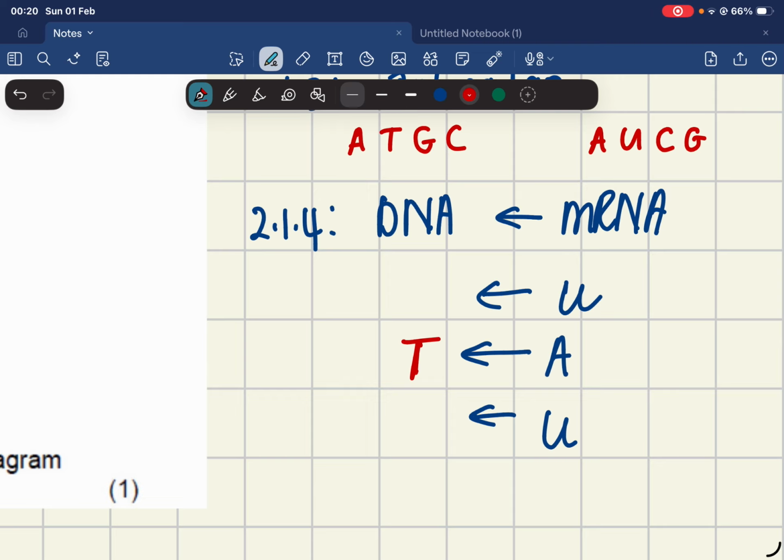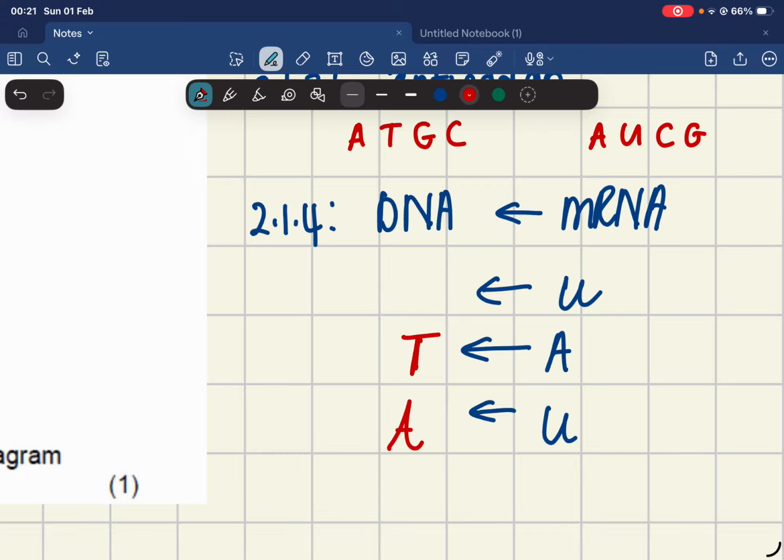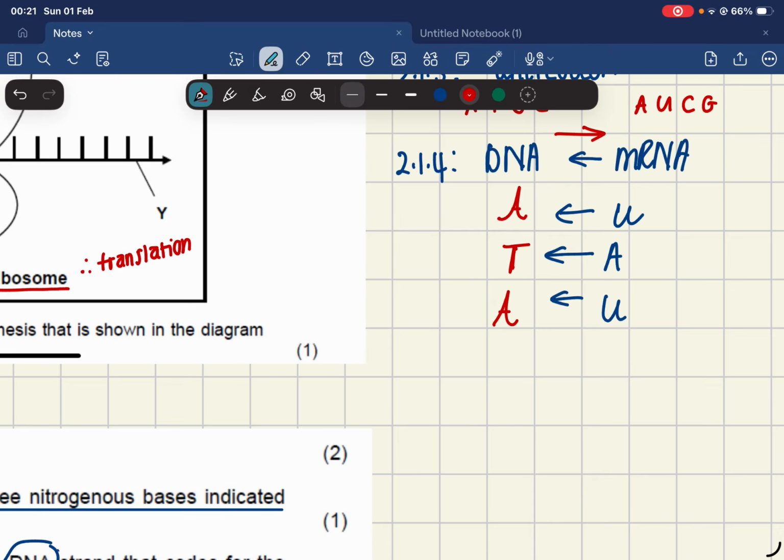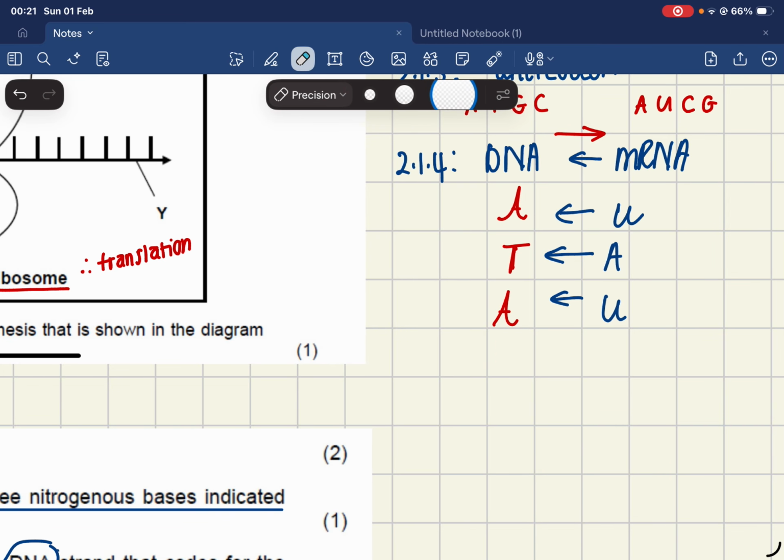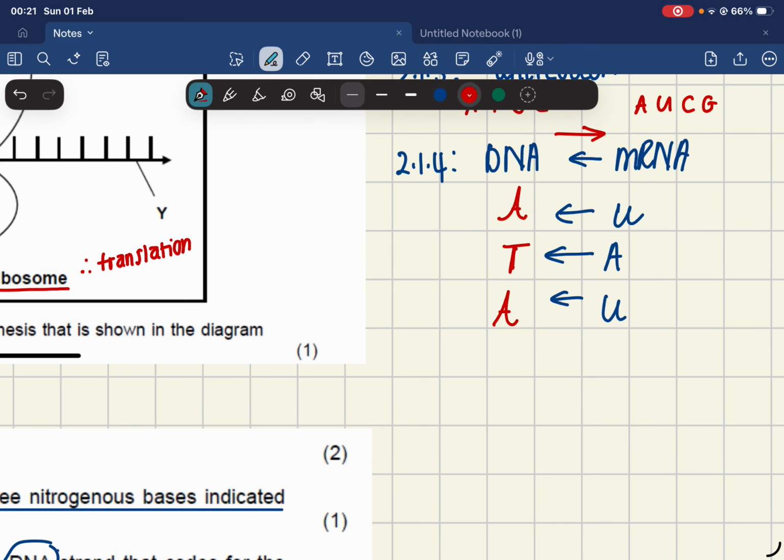Uracil would not bond to thymine, but uracil would bond to adenine. Does this make sense? We check ourselves: going forward, adenine would bond to uracil, thymine would bond to adenine. Makes sense. So the answer is ATA.